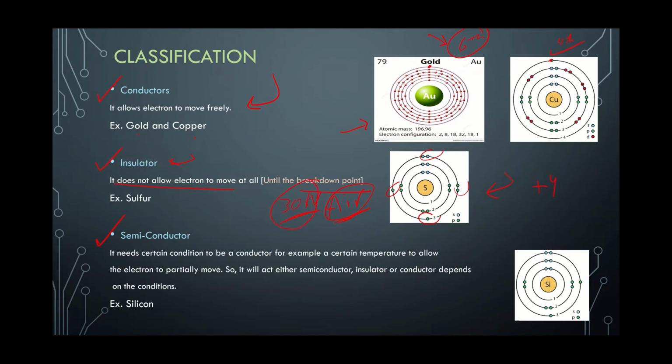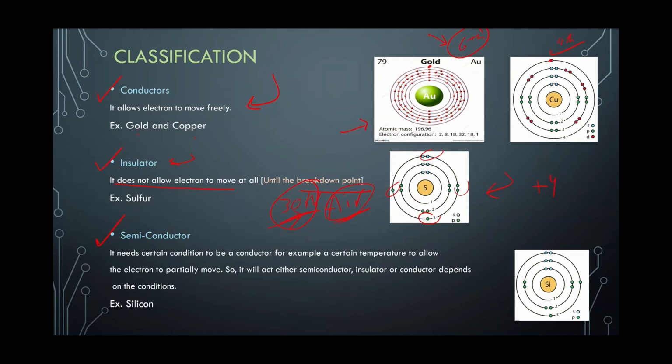And we can take lightning as an example. If the amount of charge or the potential difference in the sky reaches the breakdown level, the air itself becomes a conductor, and we can see a spark.